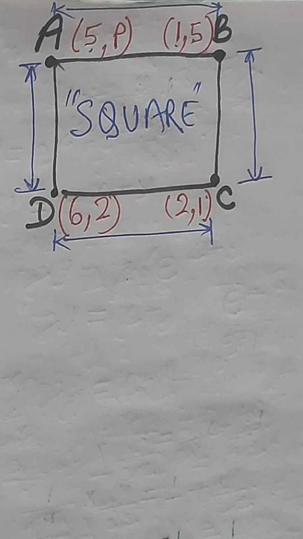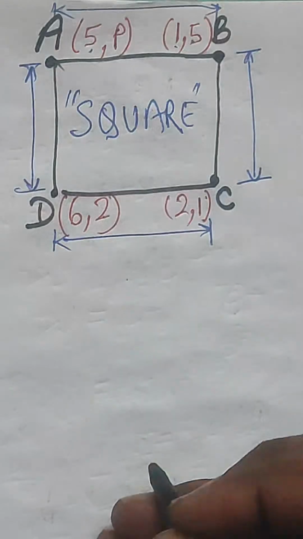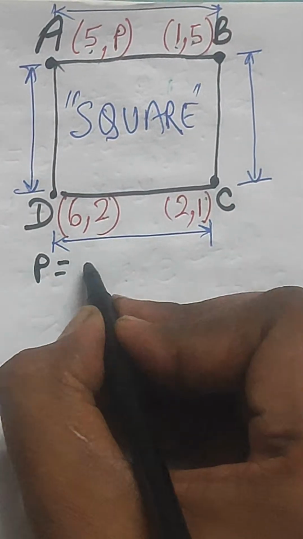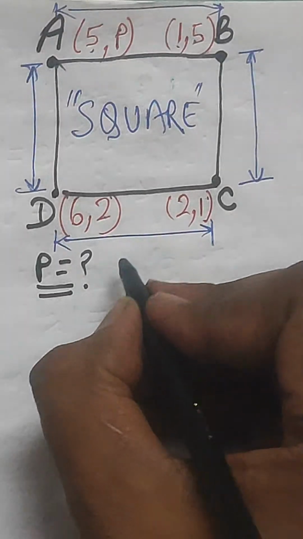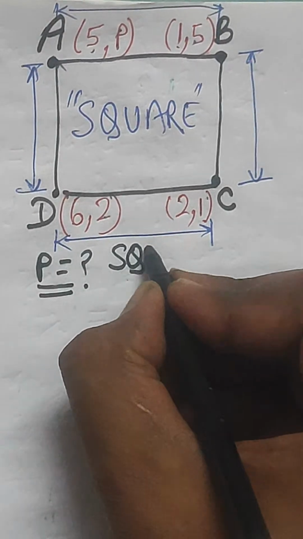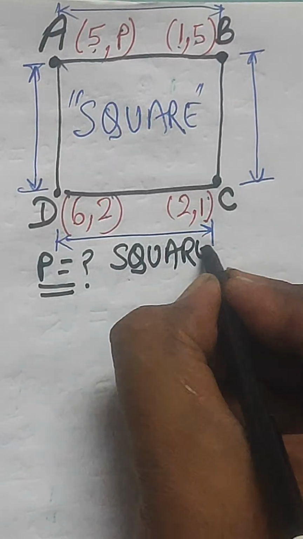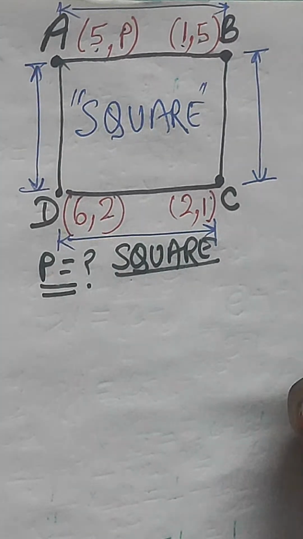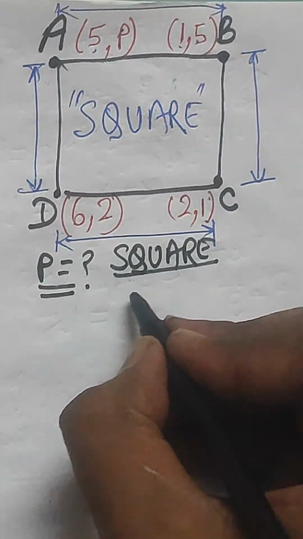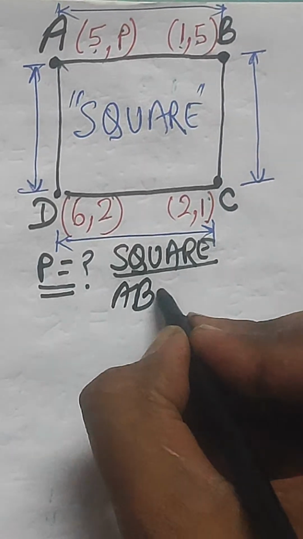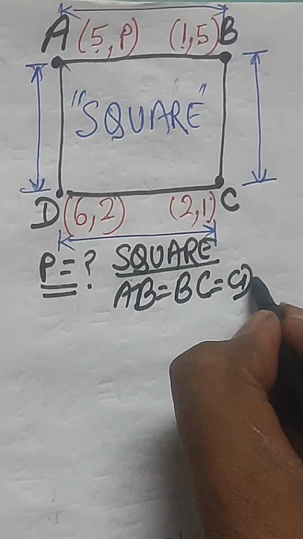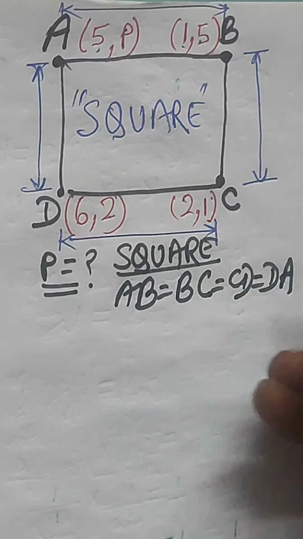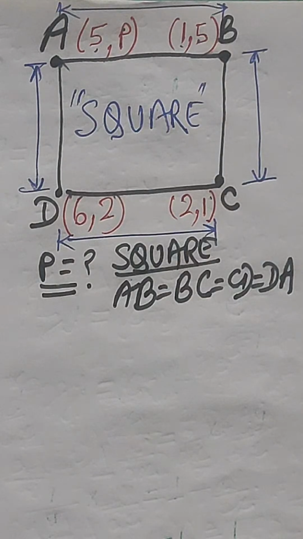When we are going to calculate the value of P, which is being asked, we know that this is a square and a square has the property that all of its four sides are equal. We will be using this property to solve it, right?